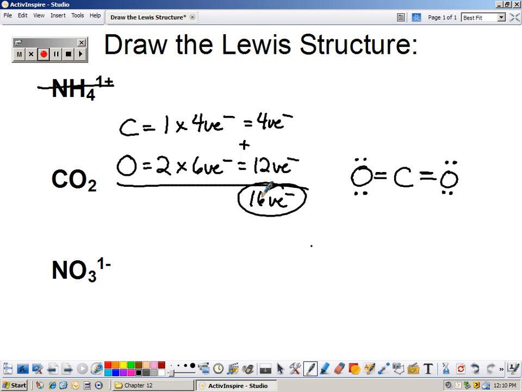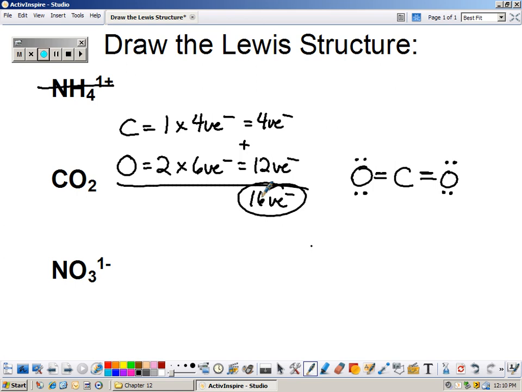Remember, each covalent bond, each line, represents a pair of electrons. So that oxygen has 8. The carbon in the middle has 2 double bonds, so you've got 2, 4, 6, 8. That one has an octet. And then our last oxygen, 2, 4, 6, 8, also has an octet.